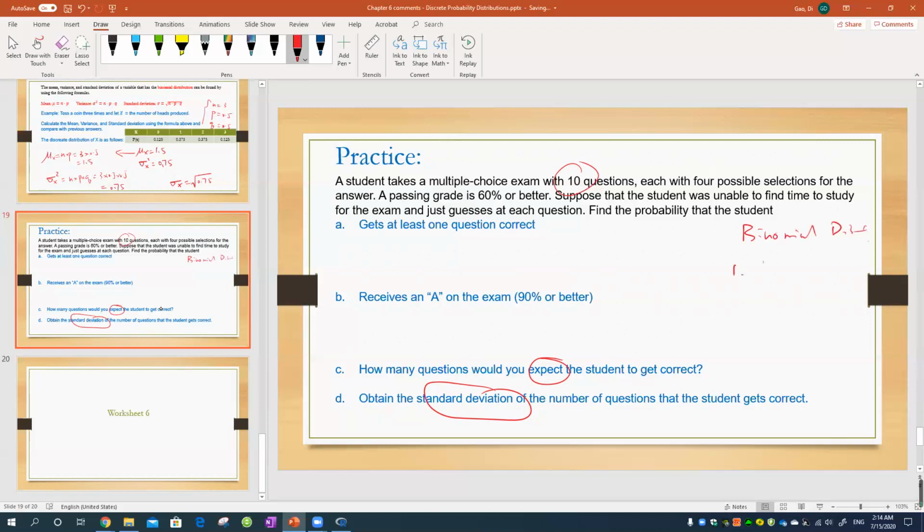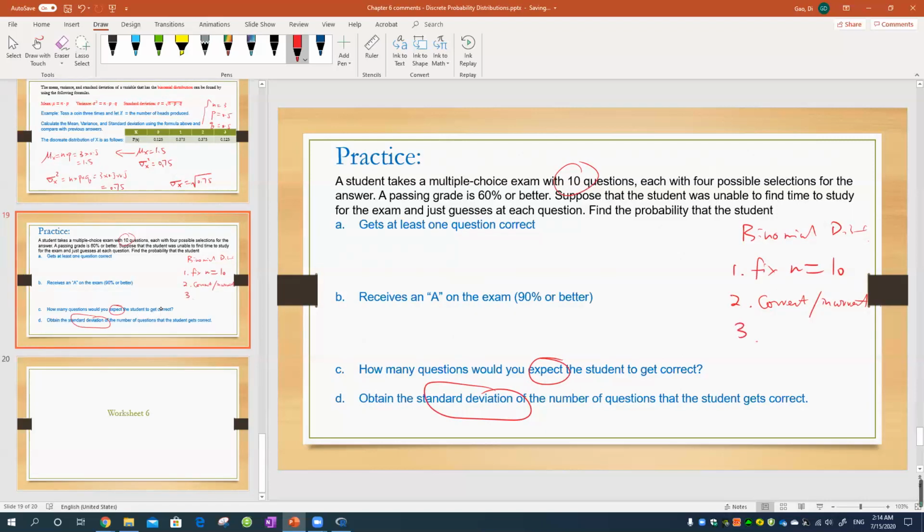So first, fixed number of trials, n. Do we have a fixed number of trials? Yes, we have 10 questions. So n equals 10. The second one, do we have 2 outcomes? Correct, incorrect. That's just success or failure for each single trial.